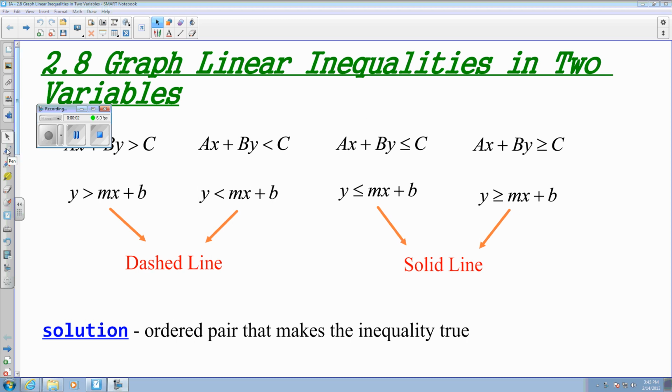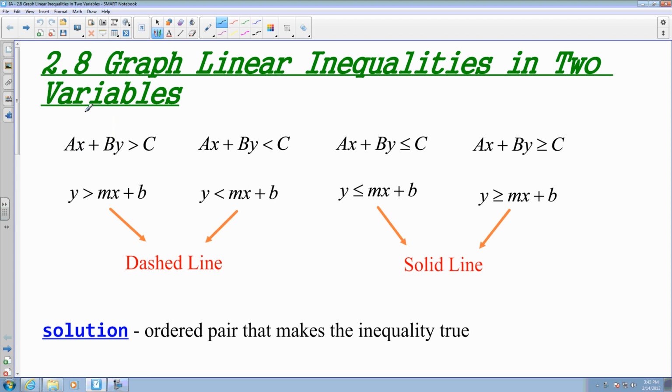Alright, so this is the last chapter in chapter 2 where we are going to graph linear inequalities with two variables. This is something we've done before. When we are graphing these types of equations, when we have y in slope-intercept form, we make our lines solid or dashed depending on what kind of inequality we have.